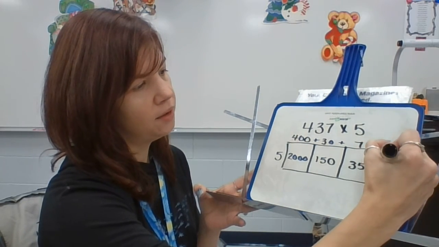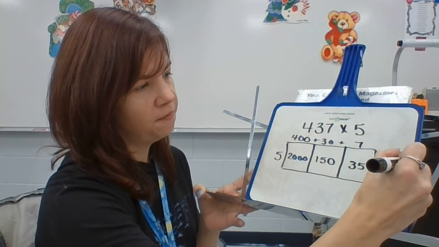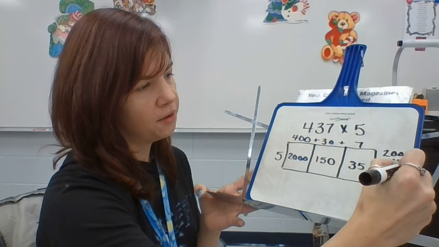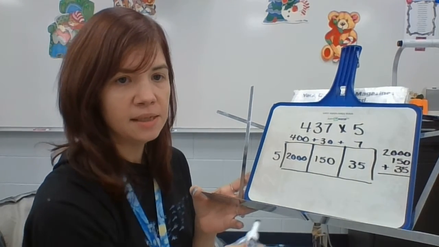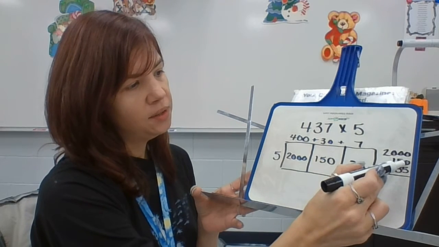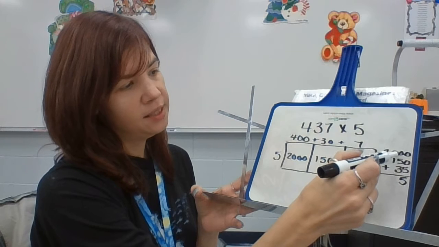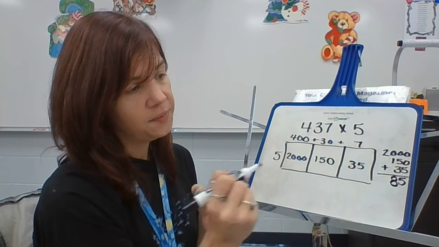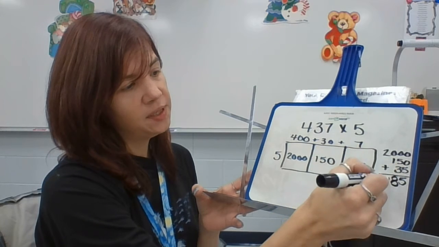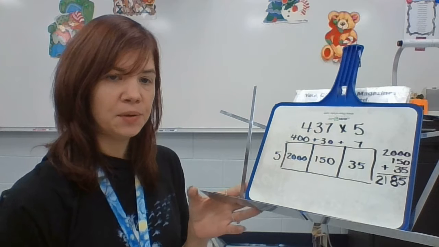So I have 2,000 plus 150 and 35. Again, I make sure I line everything up starting with my ones place. 0, 0, and 5, when I add them, leaves me with 5. 0 plus 5 is 5, plus 3 gives me an 8. 0 plus 1 is 1, and there's nothing to add to the 2.